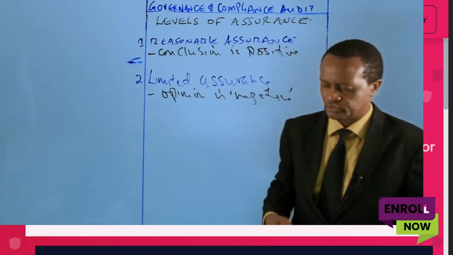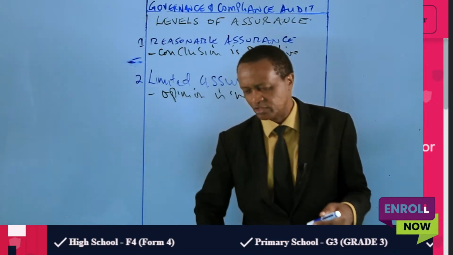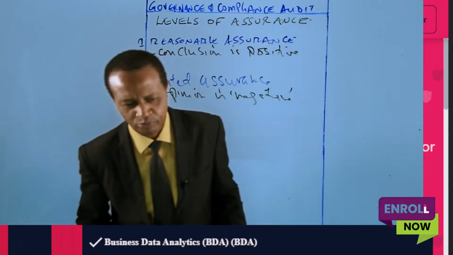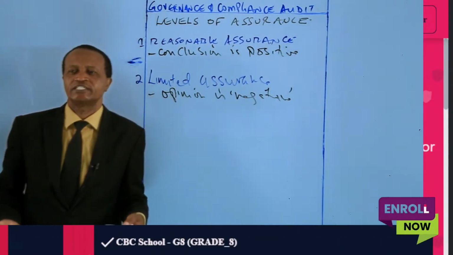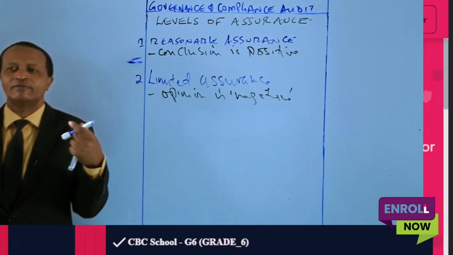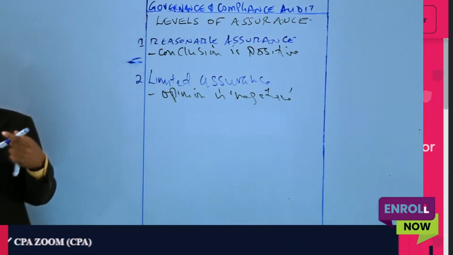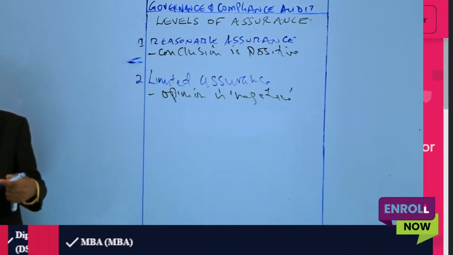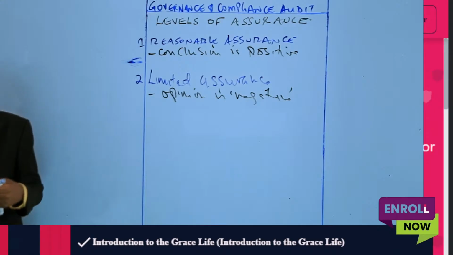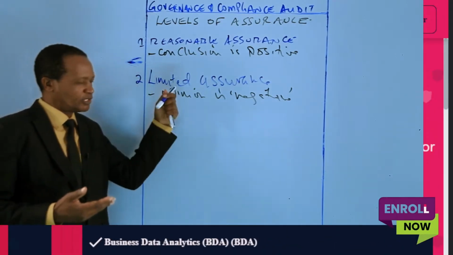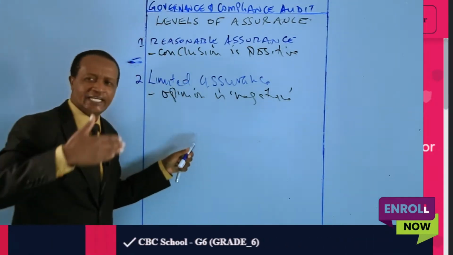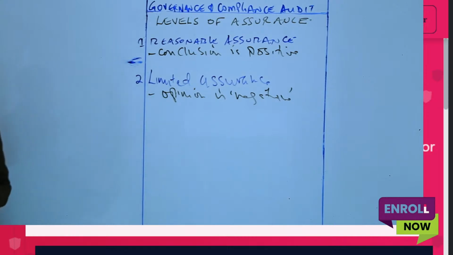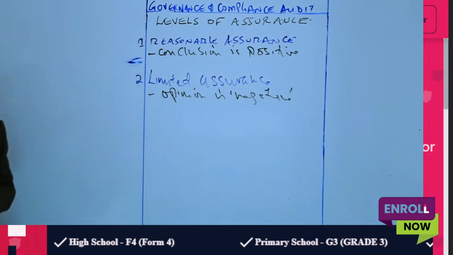Having carried out few procedures, nothing has come to our attention that causes us to believe that there is material non-compliance or significant control weakness. And unlike reasonable assurance, procedures are fewer and less extensive than a reasonable assurance engagement.